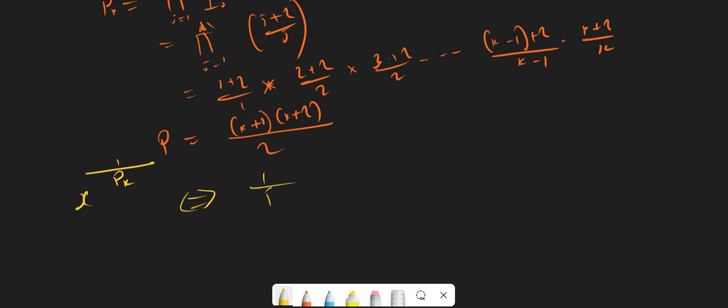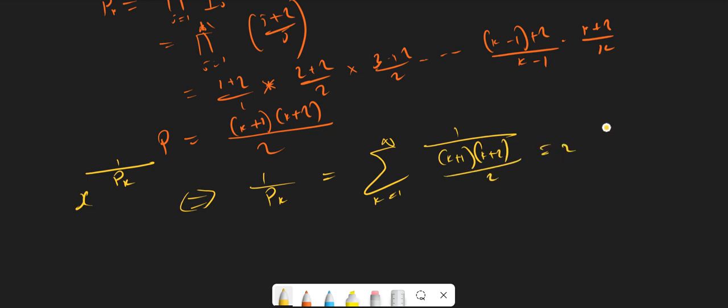So 1 over p sub k is going to be the sum as k runs from 1 to infinity of 1 over k plus 1 times k plus 2, all divided by 2, which is going to be twice the sum as k runs from 1 to infinity of 1 over k plus 1 times k plus 2.